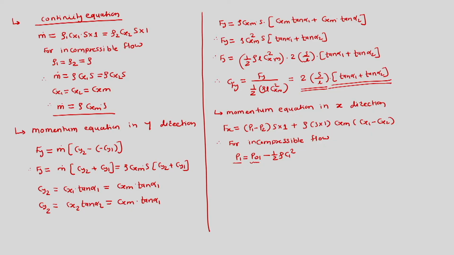So we are finding the static pressure from the total pressure by subtracting the dynamic pressure. Similarly, we can write P2 is equal to P02 minus half rho C2 square. So we can write P1 minus P2 is equal to P01 minus P02 plus half into C2 square minus C1 square into rho.